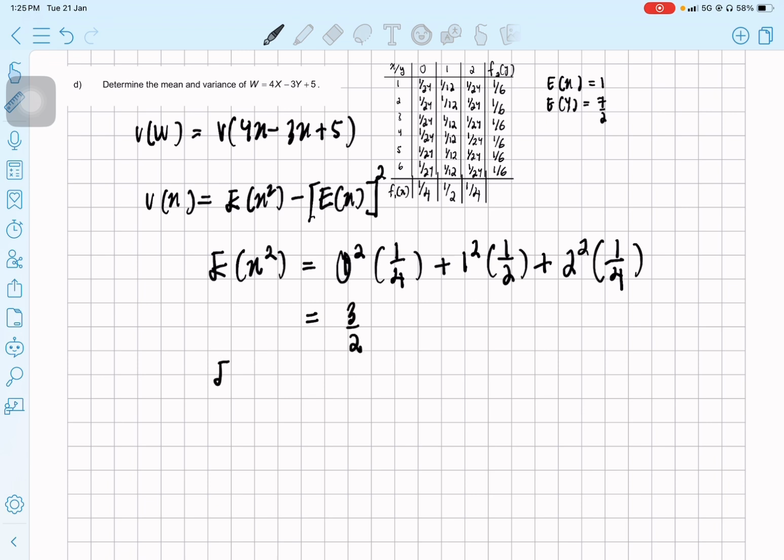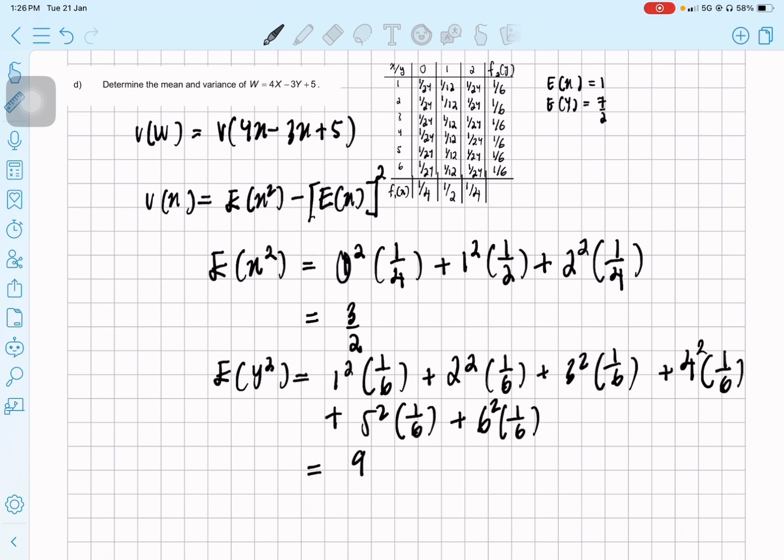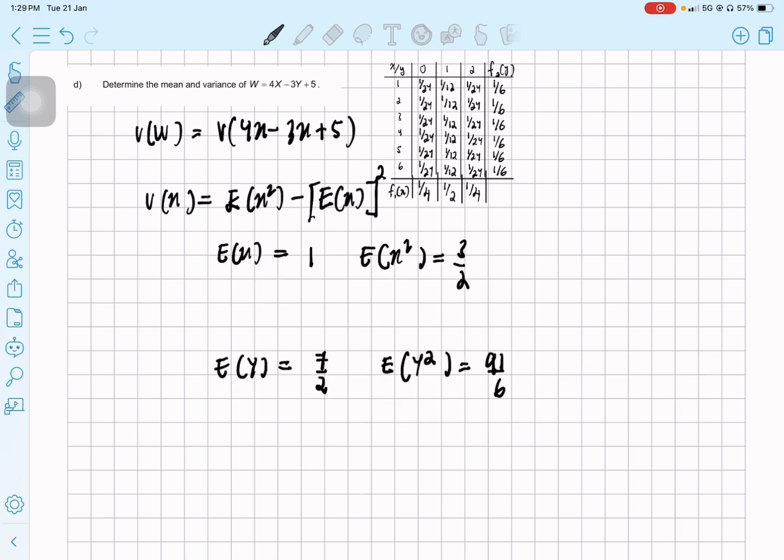Our expected value for E(Y squared) is 91 over 6. We already found our expected values, so right now we're going to calculate the variance for Y and the variance for X. The variance for X would be 3/2 minus 1 squared, which equals 1/2.